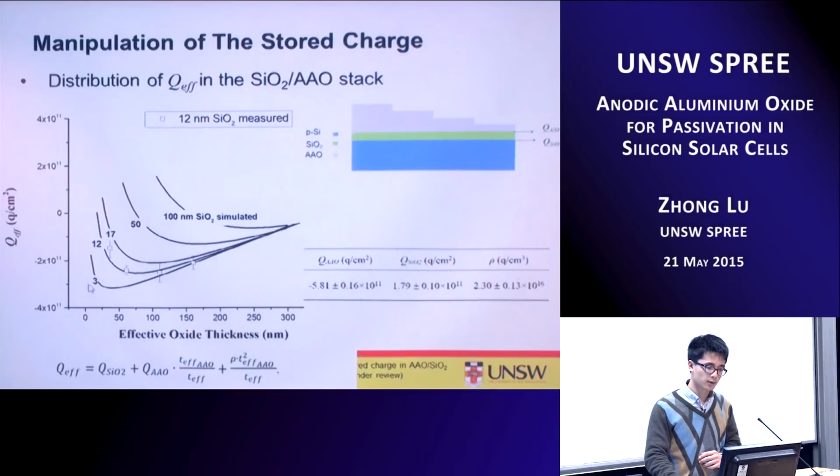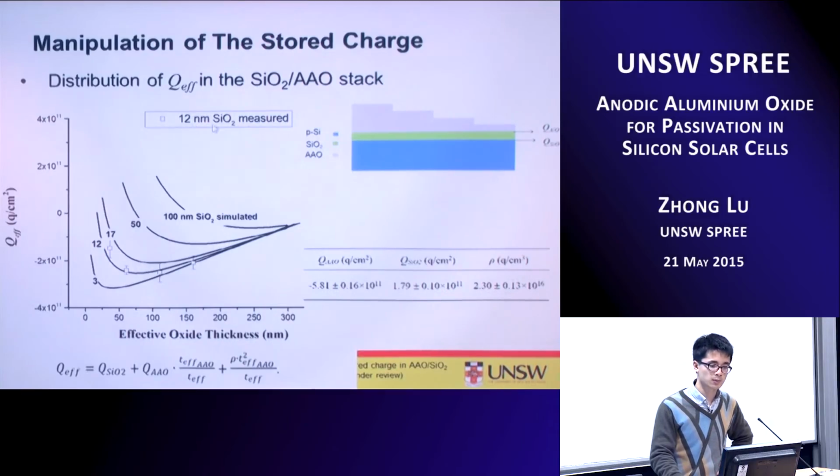And you can see that with only 3 nanometer silicon dioxide, you can get a more negative stored charge. But with thicker layer, the range that you can manipulate is smaller. And here is the experimental measurement of a sample that I anodized with a 12 nanometer interlayer silicon dioxide. And you can see that it actually agreed quite well with the simulation.